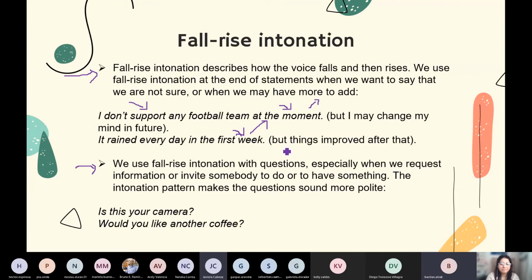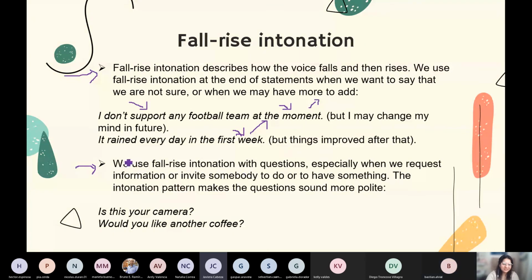We use full rise intonation with questions, especially when we request information or invite somebody to do or to have something. The intonation pattern makes the question sound more polite. Is this your camera? Would you like another coffee? Perfect.